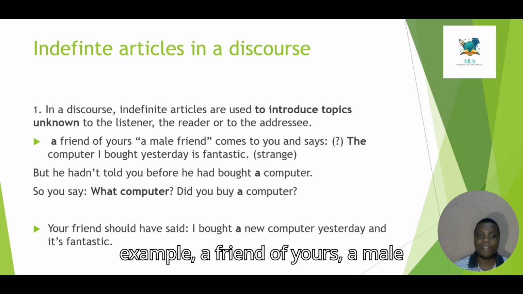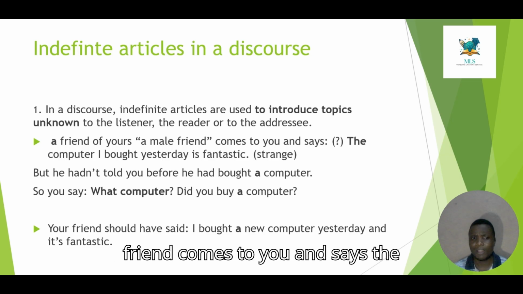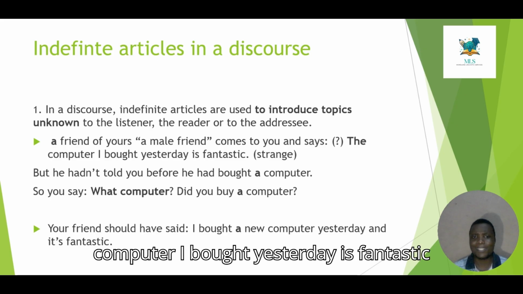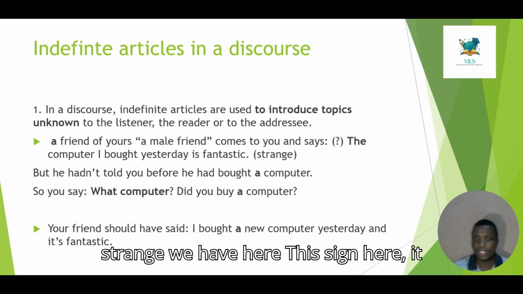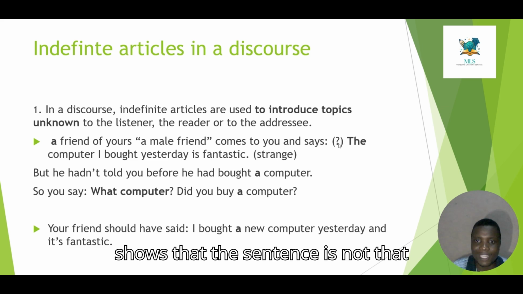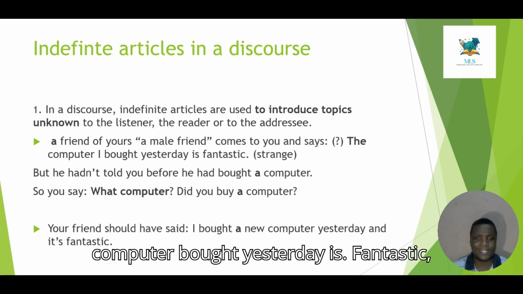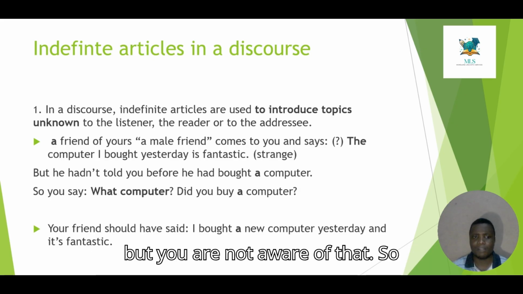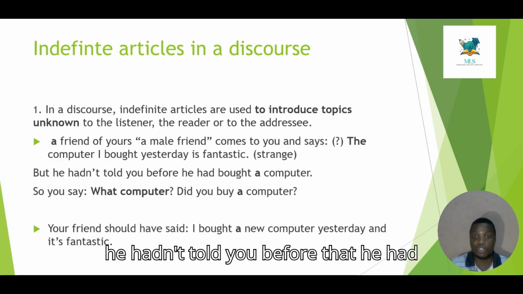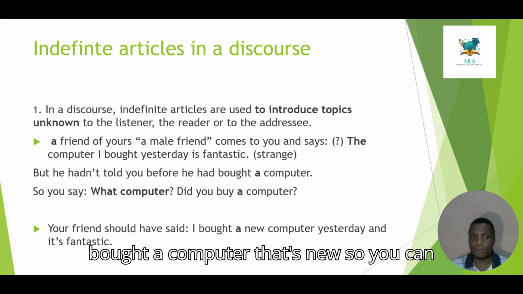Like for example, a male friend comes to you and says, "The computer I bought yesterday is fantastic." Strange. You have this sign here. It shows that the sentence is not right. So we have, the computer I bought yesterday is fantastic. But you were not aware of that. He hadn't told you before that he had bought a computer. That's new.